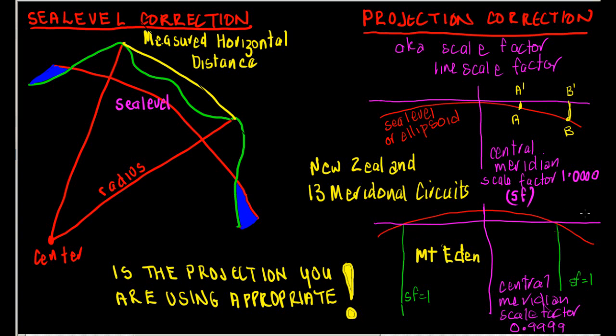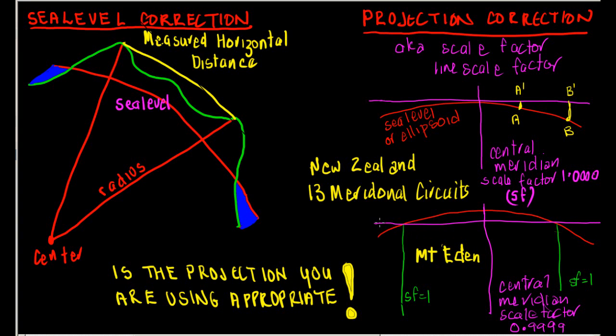Part of the reason for the meridional circuits was to keep the projection scale factors smaller, and this is what determines the area of the circuits themselves. But in the case of these 2 circuits, it was decided to have a central meridian scale factor less than 1, which enabled the scale to be better distributed, or more evenly distributed, at a smaller magnitude over the east-west extents of the projection.